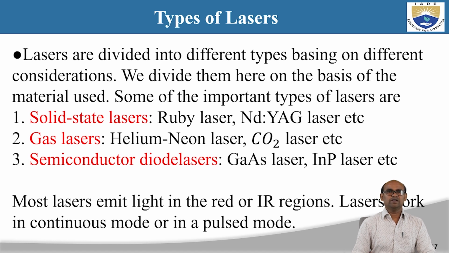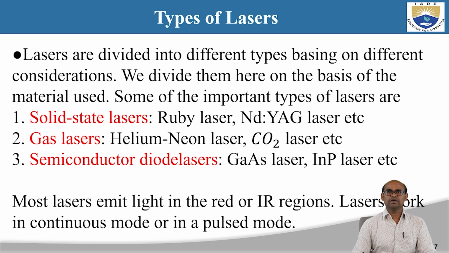And the third category is semiconductor diode lasers, where you are going to use semiconductor materials, gallium arsenide laser and indium phosphide lasers as few examples. Based on the material that we use to fabricate the laser, we are classifying the lasers into 3 categories here: solid state lasers, gas lasers, and semiconductor diode lasers.